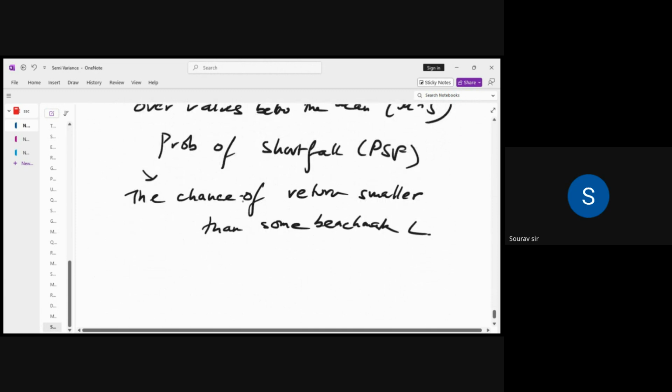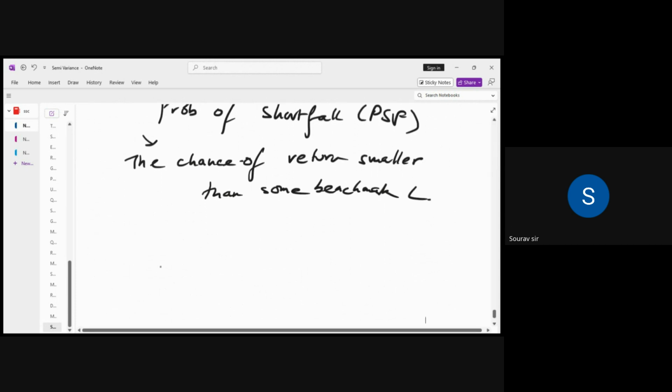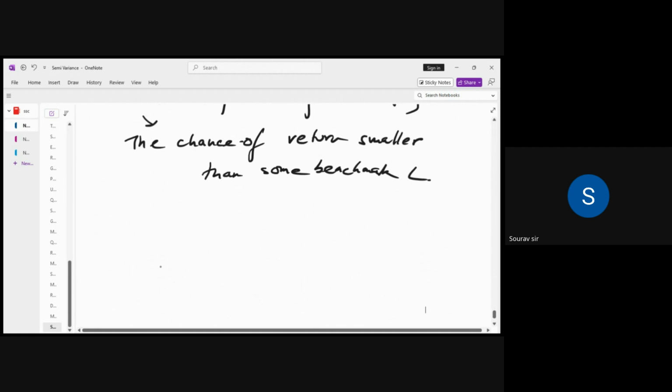The probability of shortfall basically is a risk measure. It calculates the probability that a return X falls below a certain benchmark L. It helps investors and financial analysts to assess the likelihood of receiving an undesirable return.